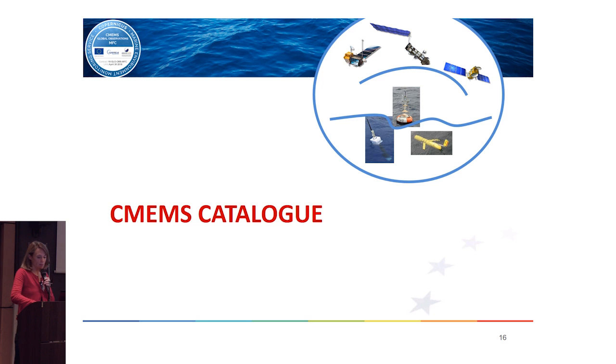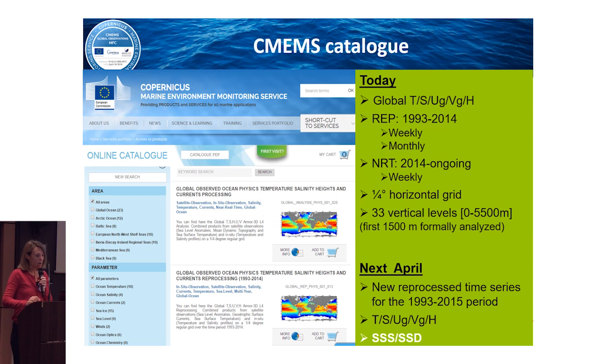Just a few words about the CMEMS catalog, but this has already been described by Corinne this morning. You can find our product in the CMEMS catalog. What we have today is what I've already described. And next April, for the next version, we will have a completely new reprocessed time series covering the 1993-2015 period.